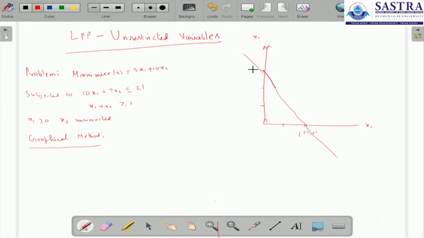So this is our 0 comma 3. Let me label this as A and this as B. B will be 2.1 comma 0 and A will be 0 comma 3.